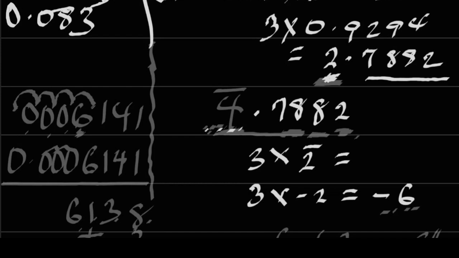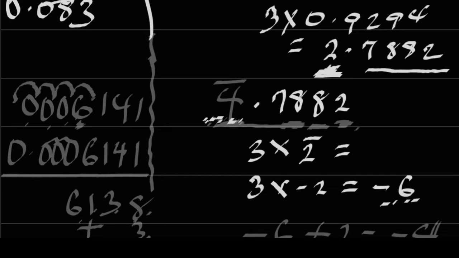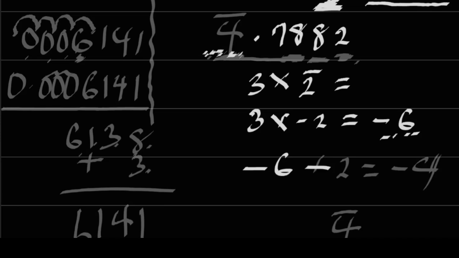Now it is now that we are going to add this very 2 with the minus 6 for us to be able to balance this number that's supposed to be here. So minus 6 plus 2 will give us minus 4.